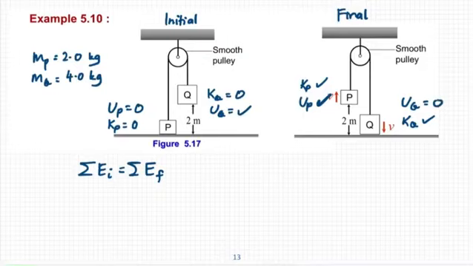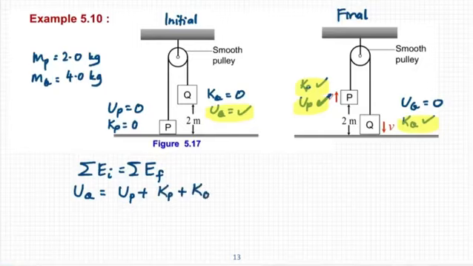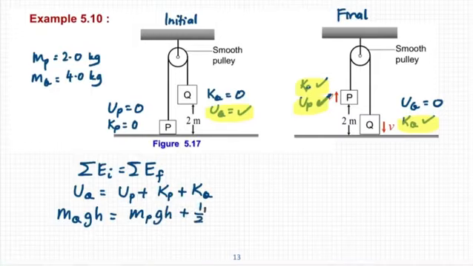So initially, we only have UQ. And in the final situation, we have Kp, UP, and Kq. So total initial energy is UQ, and total final energy is UP plus Kp plus Kq. And then we can expand this into their formulas, where UQ is equal to mqgh, and then UP is mpgh, Kp is half mpv squared, and Kq is half mqv squared.